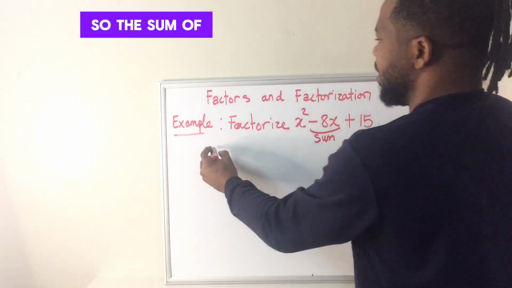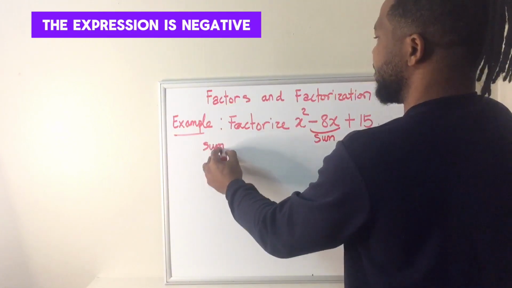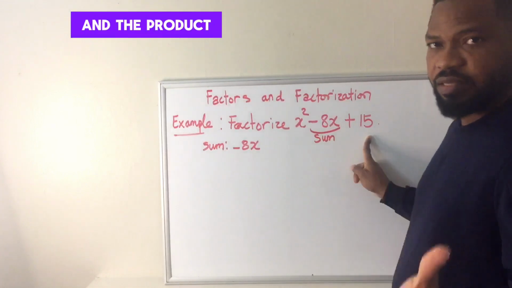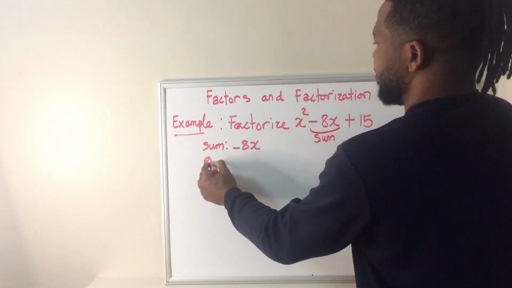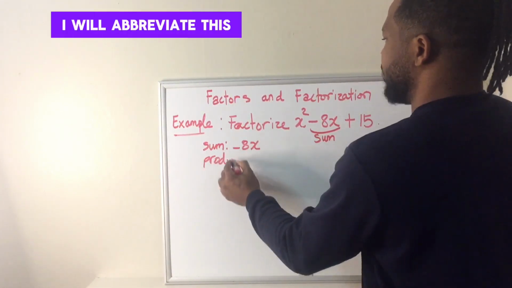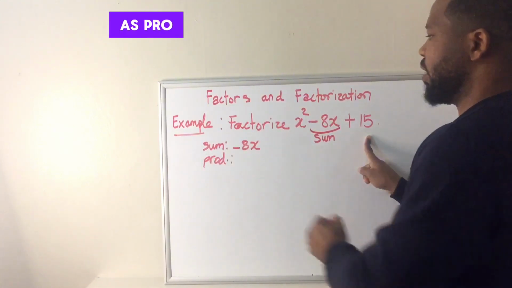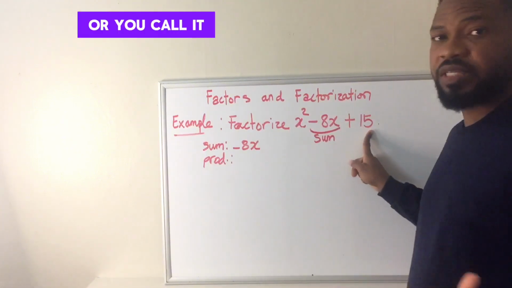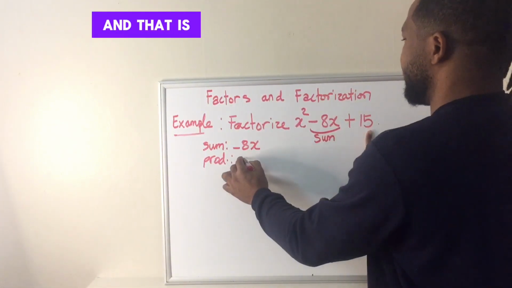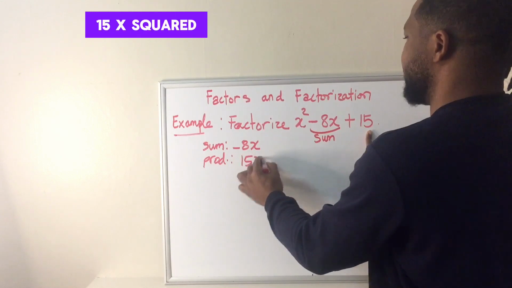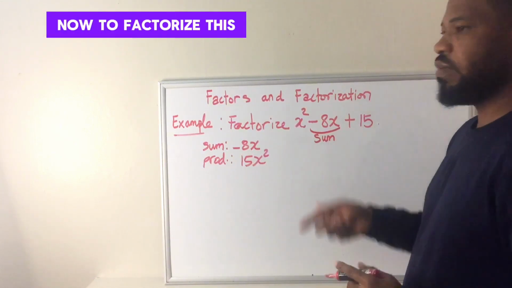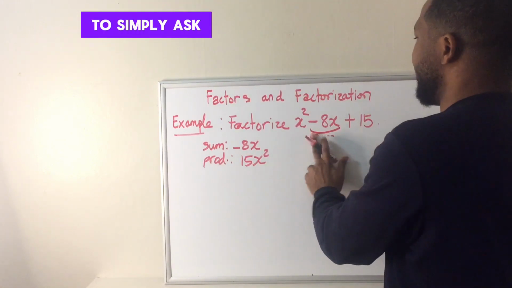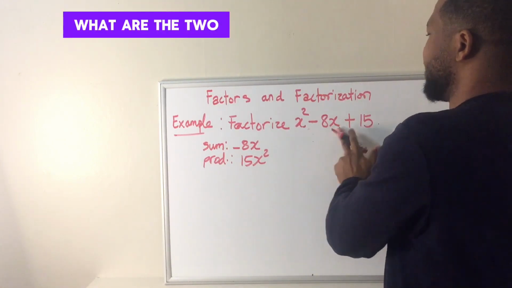So the sum of the expression is negative 8x, and the product, which I will abbreviate as prod, is simply the multiplication of these two components, and that is 15x squared.